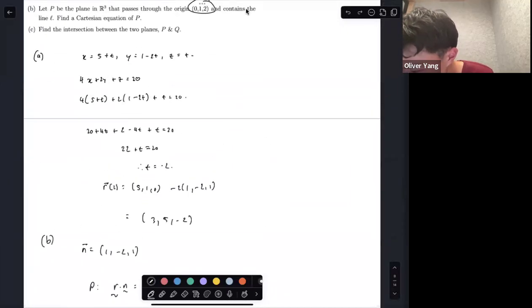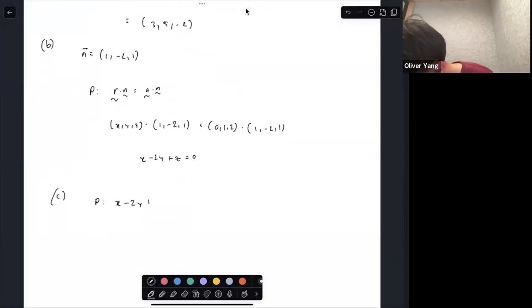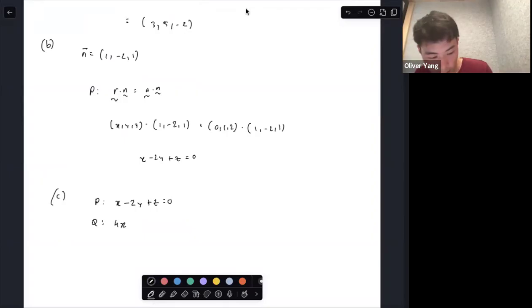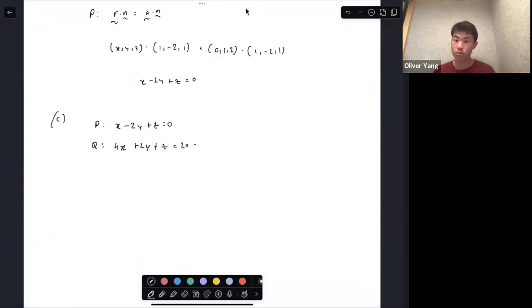Let's just write the equation down. P is x minus 2y plus z equals 0. The plane Q is 4x plus 2y plus z equals 20. And when we want to find the intersection, we'll do the cross product between the two normals.